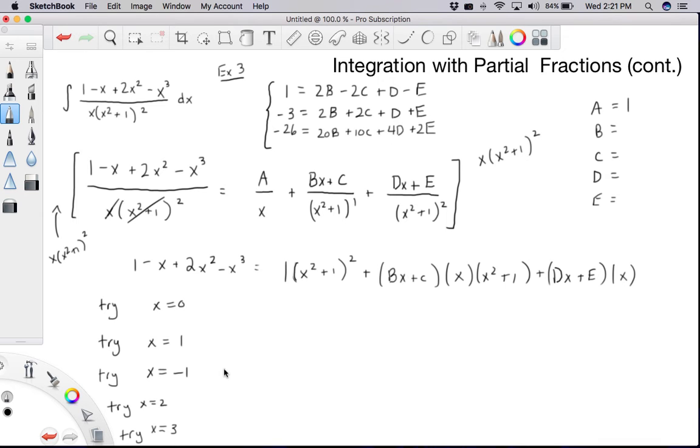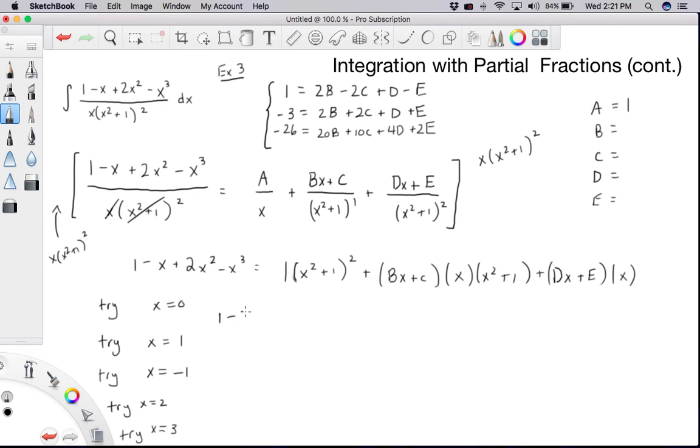Like I mentioned before, this equation here should stand true for all values of x. So really, you could pick anything you want. You could pick 100 if you want to deal with really big numbers, but I'm just going to stick to the smallest possible integers.